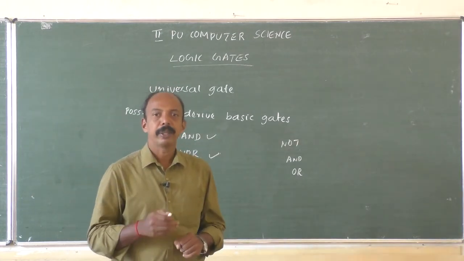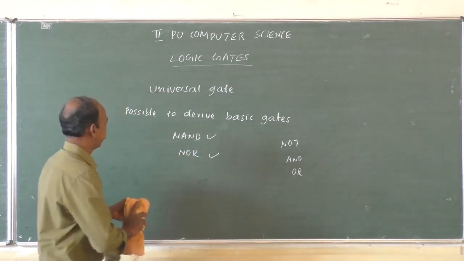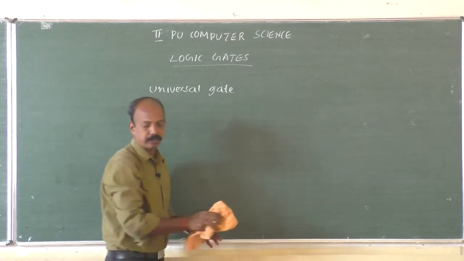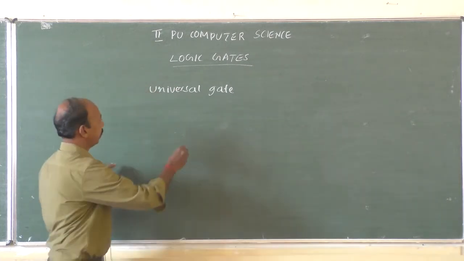Now we shall see how it will work. First we shall take a NAND gate. So what is the universal gate? Universal gate is a gate from which it is possible to derive the basic gates.